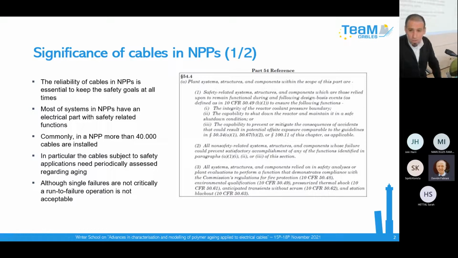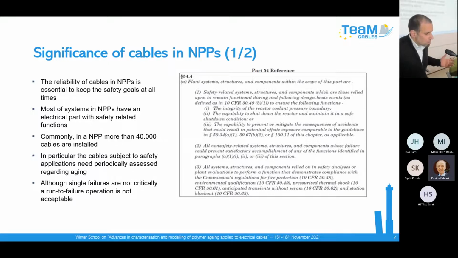You have to assure safe shutdown of the reactor, keep the pressure boundaries by your safety systems, and assure that the radiation stays inside the reactor building.